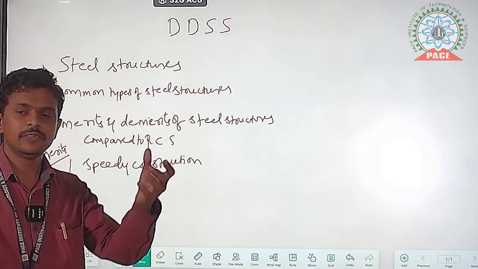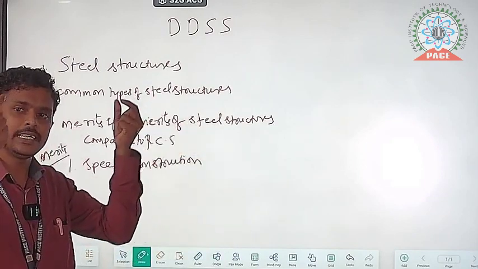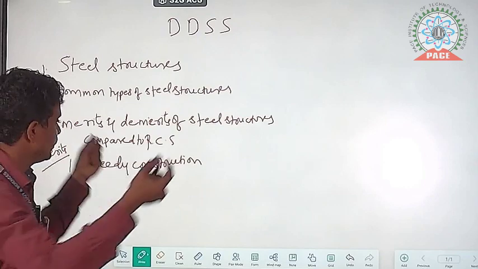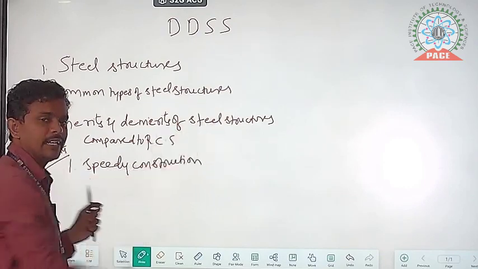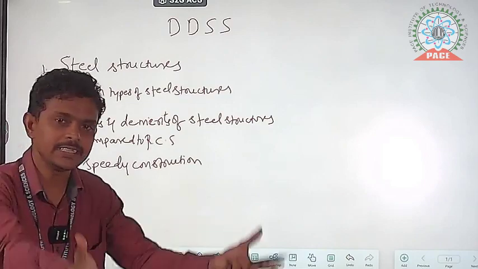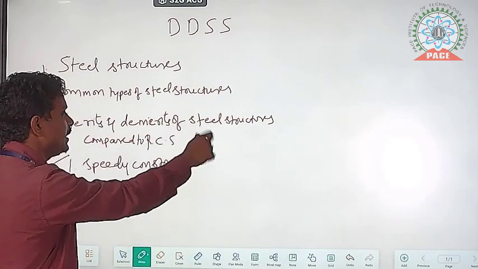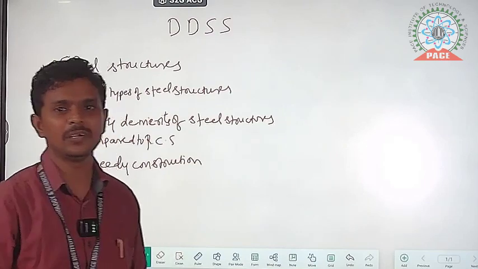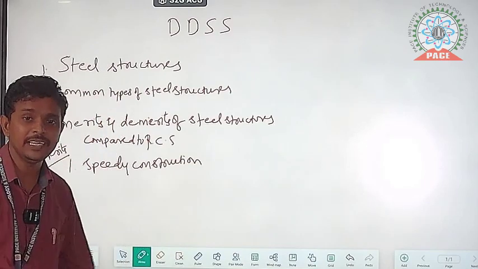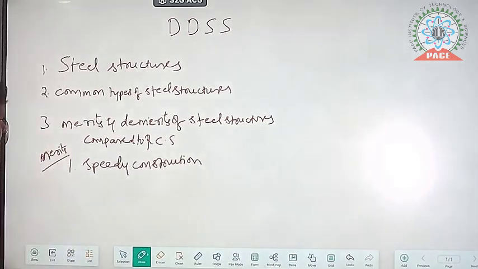We directly take that precast steel section, keep it, and then connect by bolt or rivet or welding. Directly take the section and simply place it, that is enough. Very speedy construction is possible when compared to concrete structures. So that is one main advantage of the steel structure.